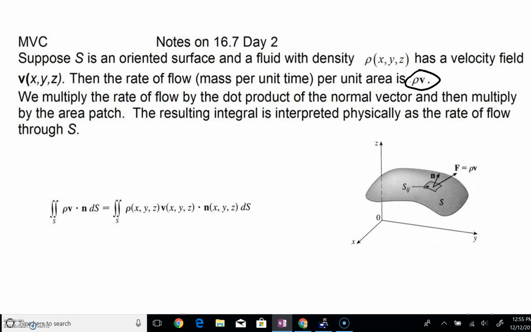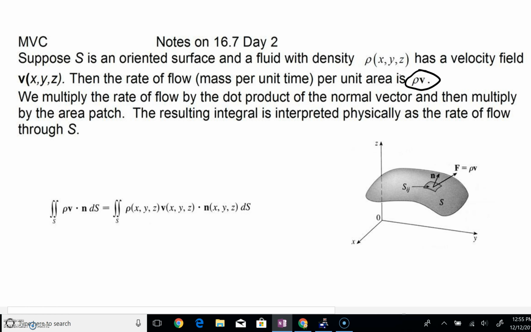And what I want to point out to you is, of course, the density would be mass per square unit of area. Okay, so as you're working this out, you might wonder what we could do with this new rho v.